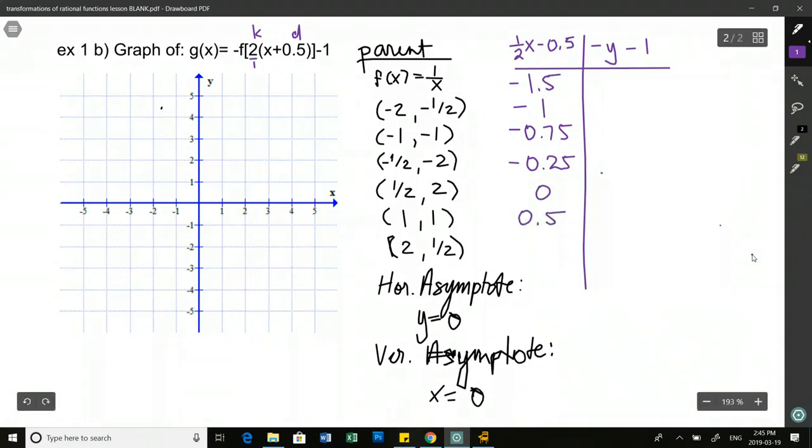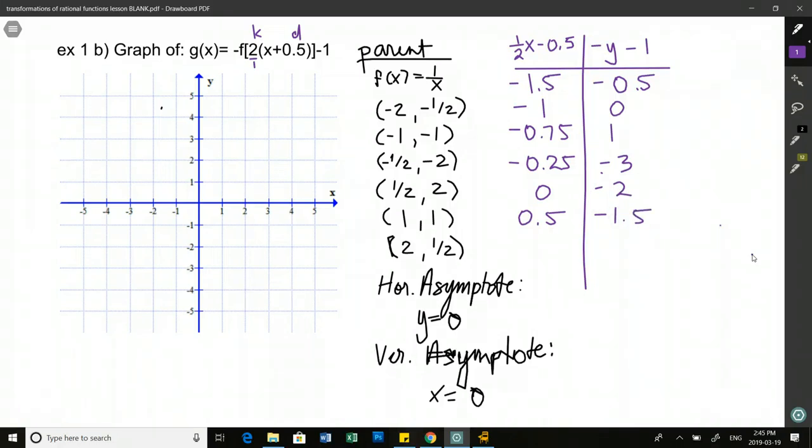Okay, good. And new y's, did anybody do the y's? Yeah. Alex. First one is -0.5. Okay, next one is 0. Okay, next one is 1, -3, -2, and -1.5. Okay. Agreed? Did we get the same thing here? Yes, yes, yes? Okay.